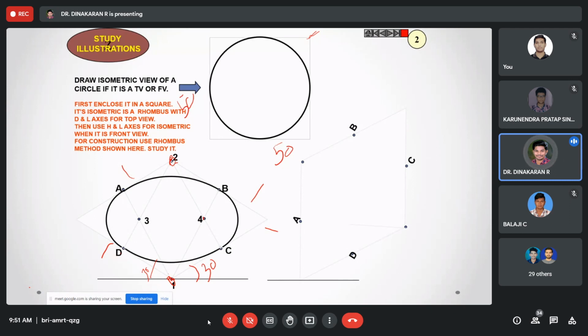With the diagonal, you need to connect the opposite midpoints. Then you need to place the names 1, 2, 3, 4, and 1 is center, A is radius, draw an arc from A to B, and 2 is center, B is radius, A to C. Then 3 is center, A is radius, or 4 is center, C is radius, draw an arc.